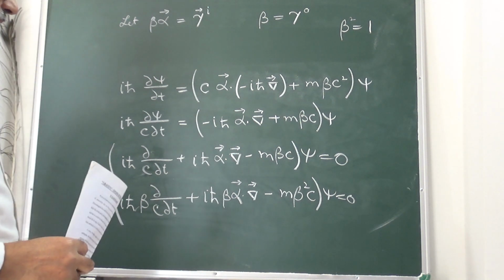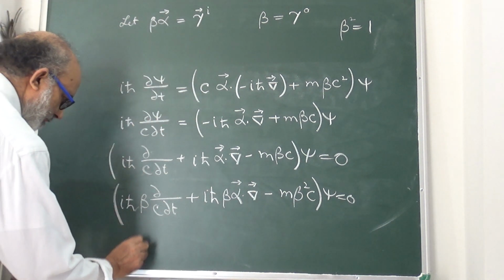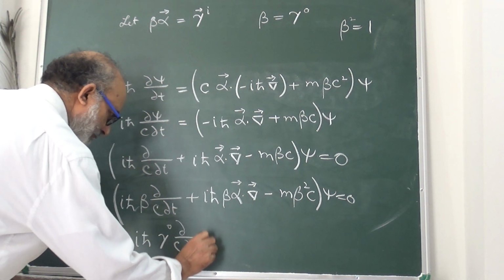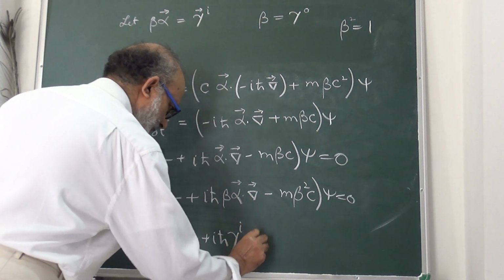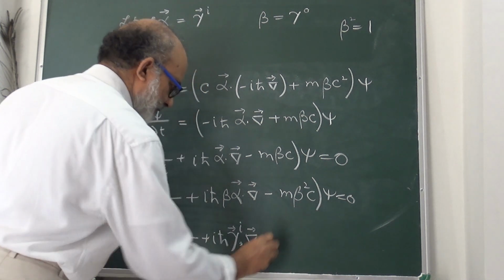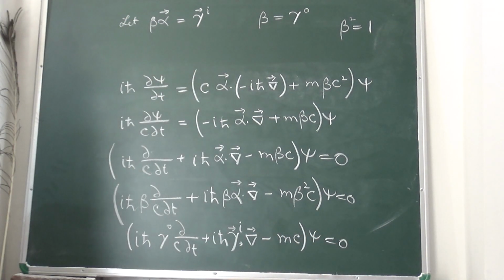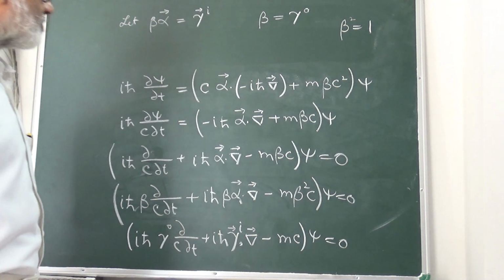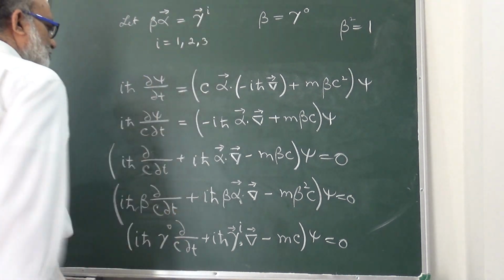So if you write these values here, beta square is 1, beta alpha is gamma i, where i runs from 1, 2, 3, the x, y, z components.